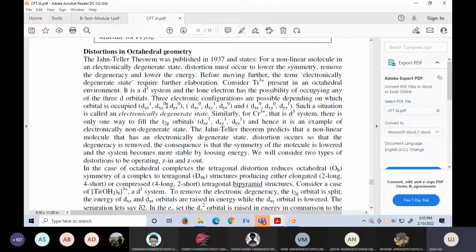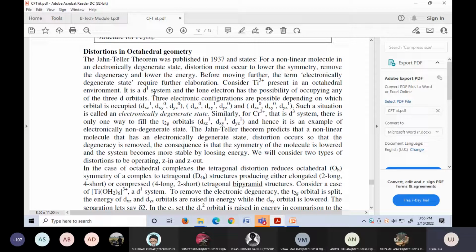But we know that if this contains only one electron and these have no electrons, then this is going to face the ligand, and this electron will face greater repulsion. So the ligand will move away from it. The minute it moves away, this becomes lower in energy. So this will become lower and these will become higher in energy.